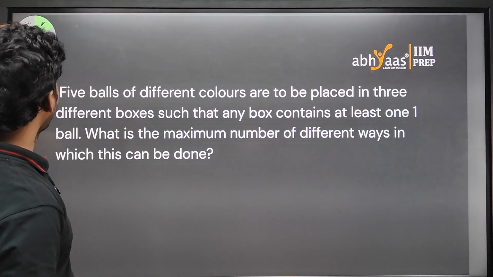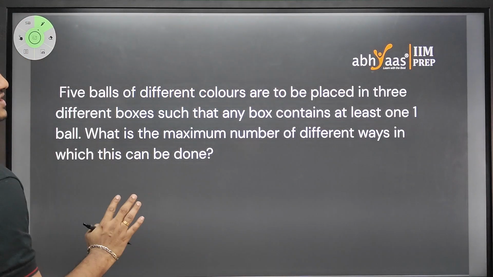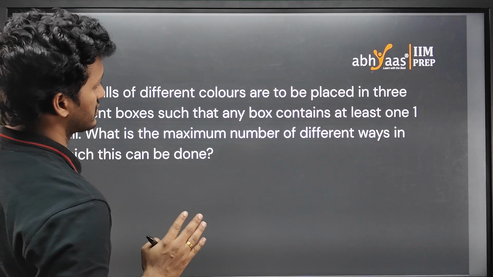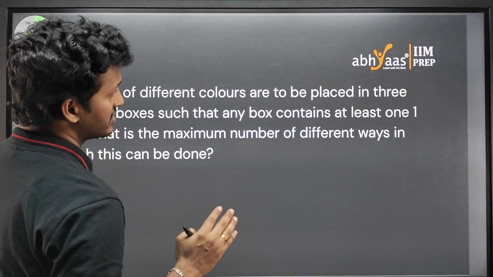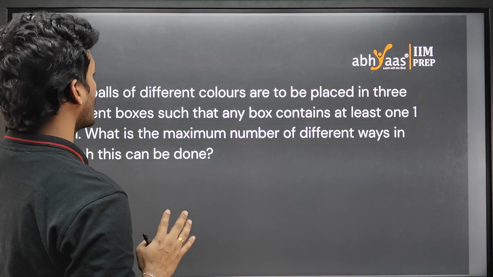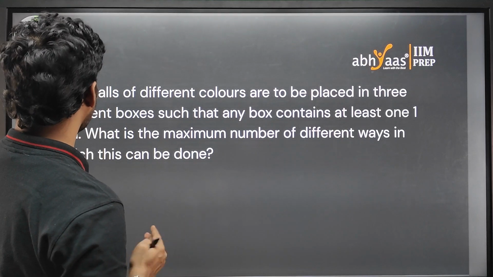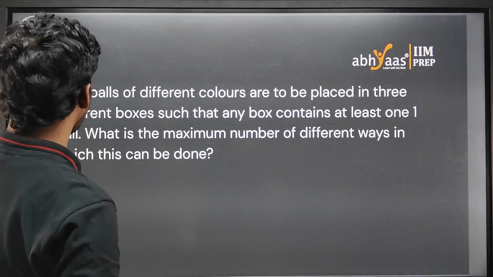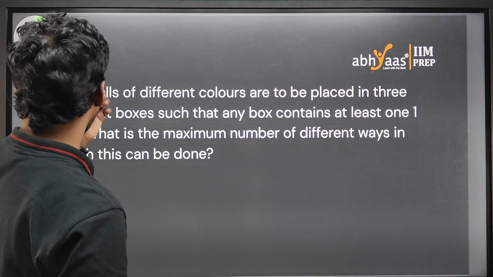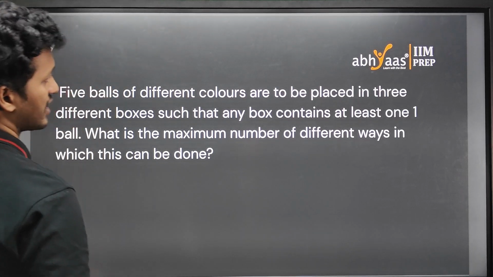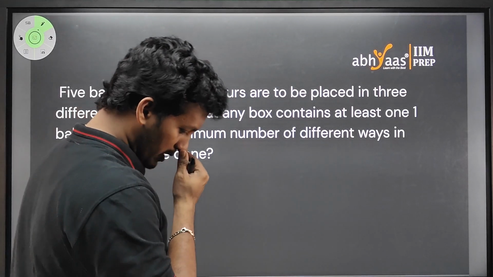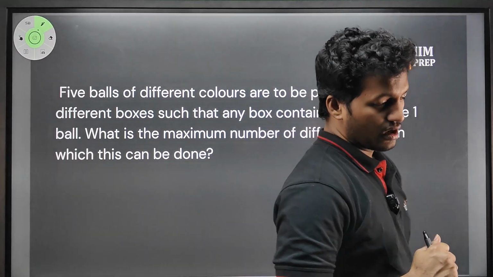Okay, coming to the next question. 5 balls of different colors are to be placed in 3 different boxes such that any box contains at least 1 ball. What is the number of ways in which this can be done? Okay, let's see this one. 5 balls of different colors are to be placed in 3 different boxes.